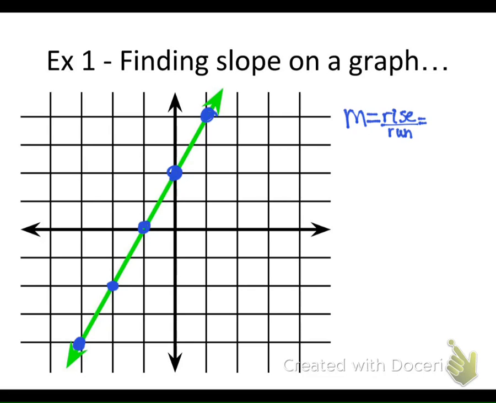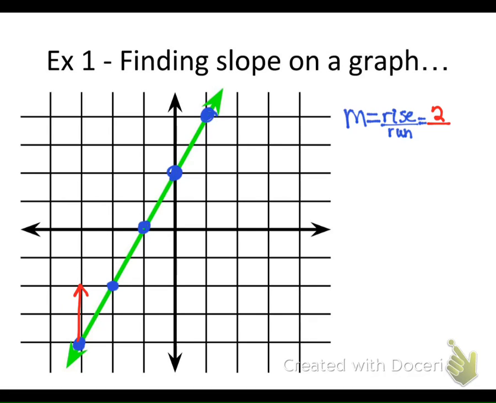Okay, so we look at our first lattice point. It's down at the bottom. I always look at my first lattice point by going left to right. If I go left to right, right here's my first lattice point. My rise, am I going to have to count up to get to my next lattice point or down? Up. So I'm going to count up how many spots? 2. So my rise is going to be 2.